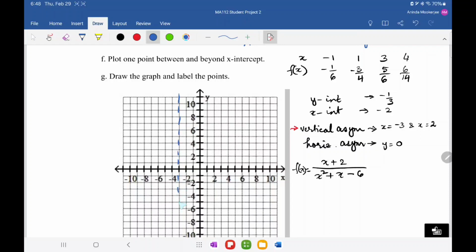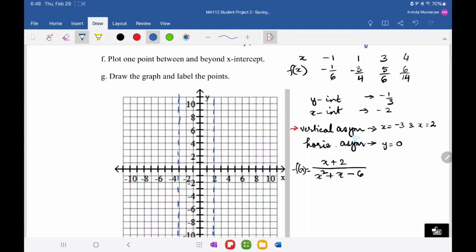All right, so one is at -3. There's a second one at x equals 2, which is right here, and the vertical asymptote must be drawn as a dashed line. All right. And then the horizontal asymptote is going to be the x-axis.